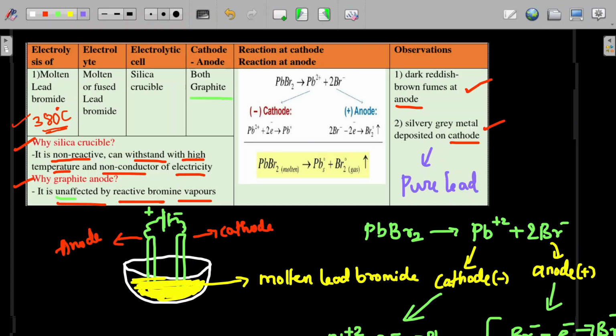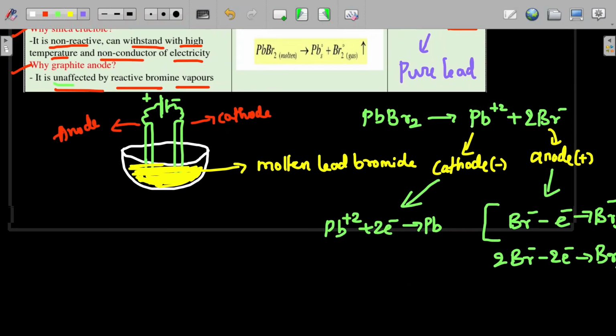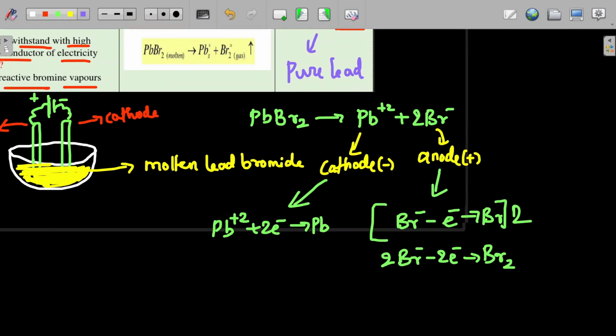A cation always wants to become an atom, meaning it has to gain electrons. Gain of electrons means reduction. See, plus 2 means it has 2 electrons less, so it needs 2 more electrons to become an atom.